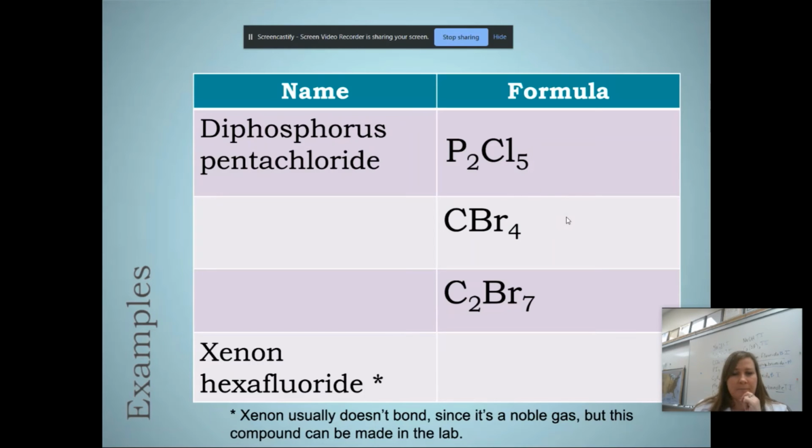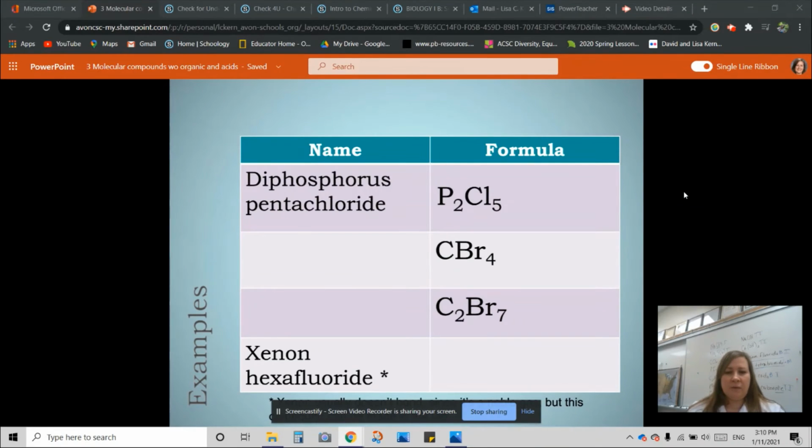In our next one, we have CBr4. So since carbon is a nonmetal, the first element's a nonmetal, it's molecular. So we have CBr4, so you might think it would be monocarbon and then tetra for 4, bromide. But of course, we don't put mono on the first word, so this is just going to be carbon tetrabromide.